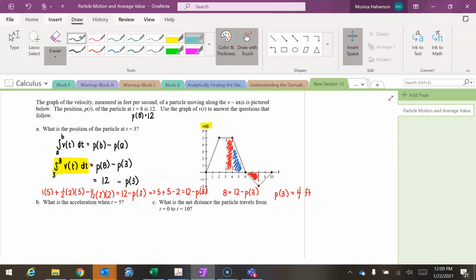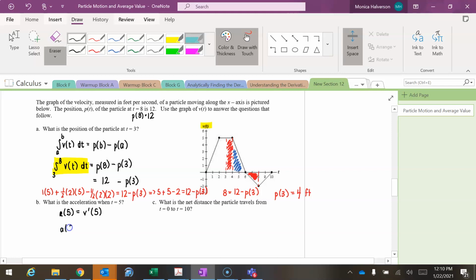What is the acceleration when t equals 5? Well, we're looking for acceleration at t equals 5. Remember, acceleration is the derivative of velocity. So how would we do this? Because we don't have an equation here, we're going to have to treat this as a rate of change.